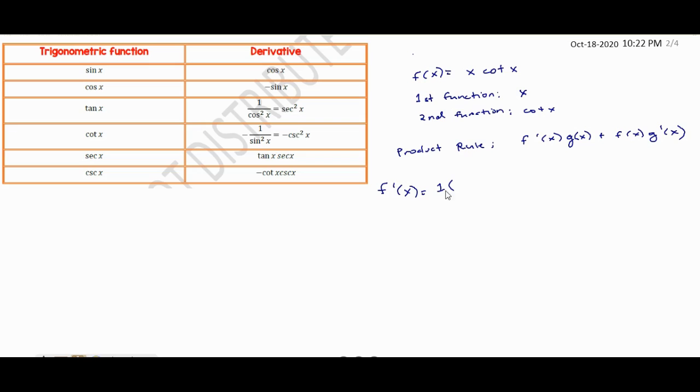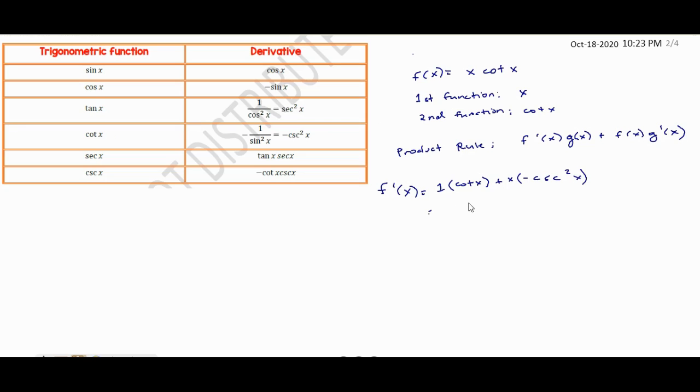So the second function, we have cotangent x plus the first function x multiplied by the derivative of the second function. And we are going to refer to our table of trigonometric function derivatives to see the derivative of cotangent x. According to our table, that is negative cosecant squared x.